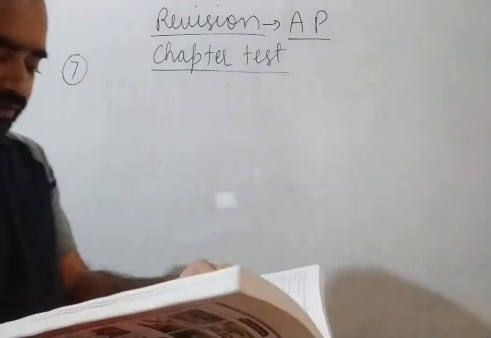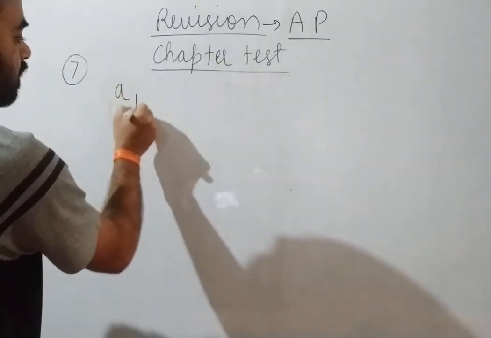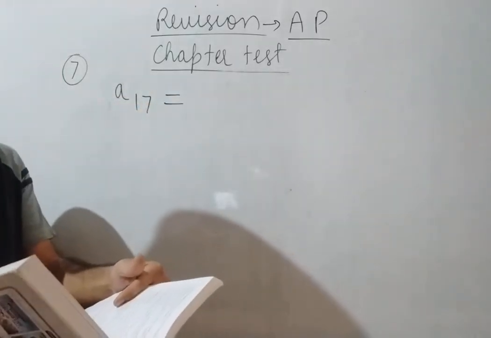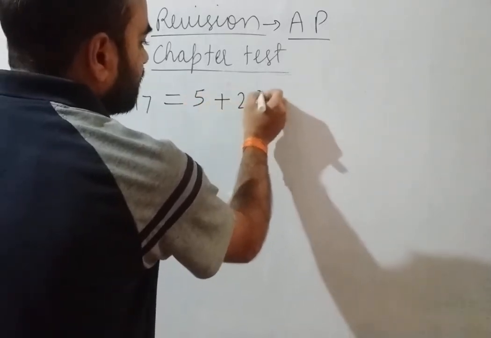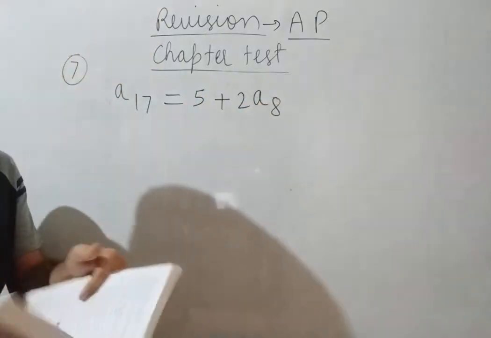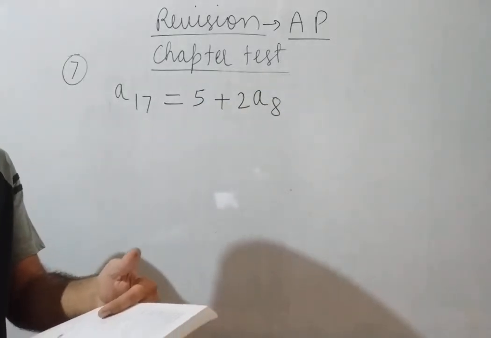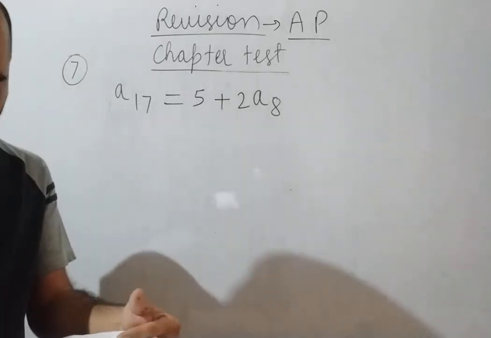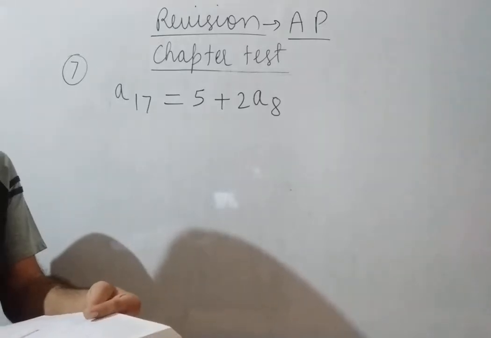What is given? A17 is equal to 5 more than twice its 8th term. I think this is given. Correct? If the 11th term of the AP is 43, find the nth term.